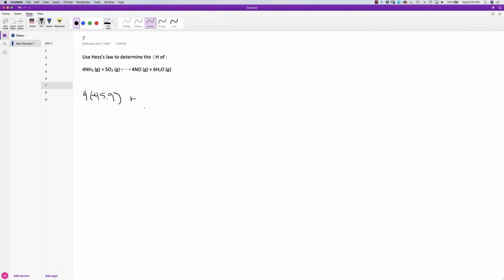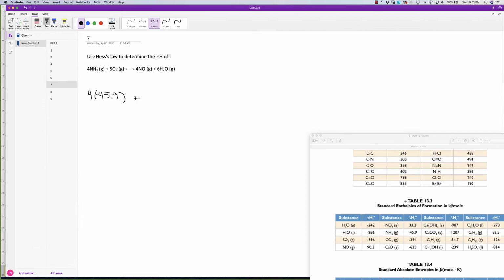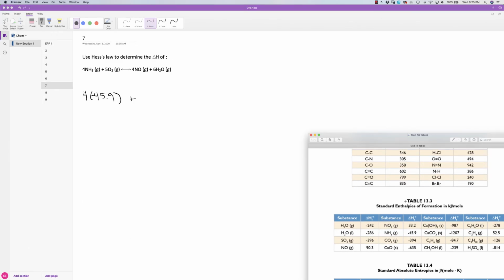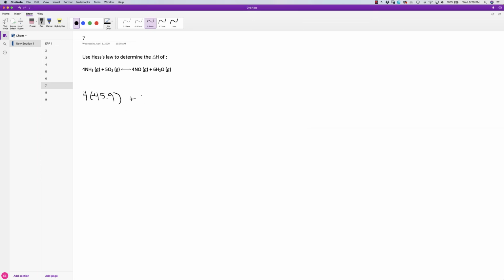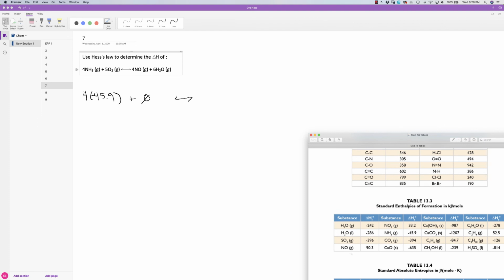We have oxygen in its standard state. That's how it's found. So oxygen is going to be 0. And then on the other side of the equation, we've got NO gas. Go back to our chart. Here's NO gas, that's 90.3.